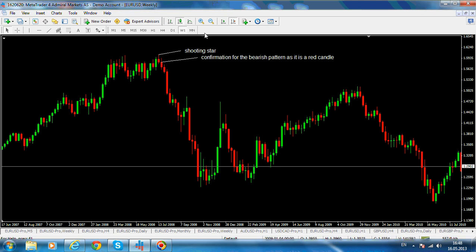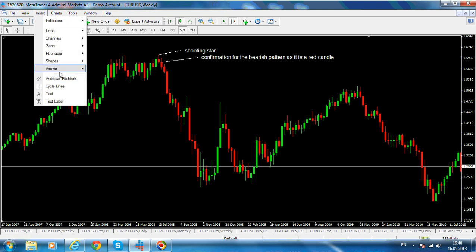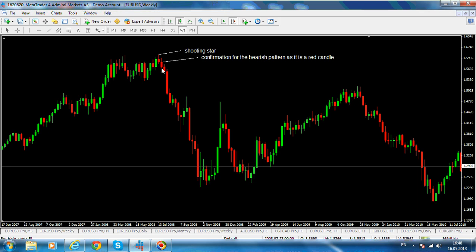Now this is the ideal situation that you should see when you have such a bearish pattern. Let's highlight here that you have the shooting star plus the confirmation, and normally this should be enough for initiating a short position based on the shorter time frames.